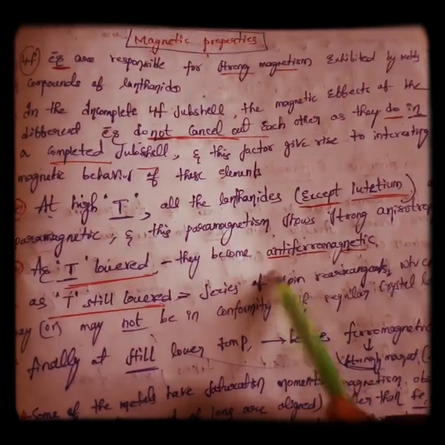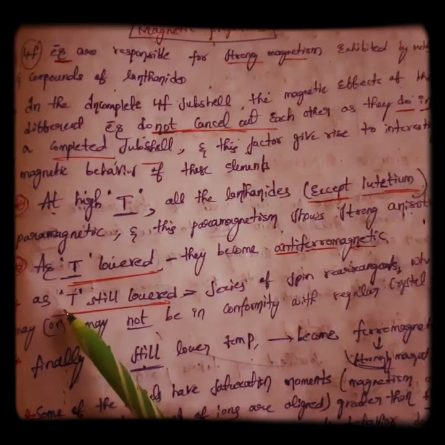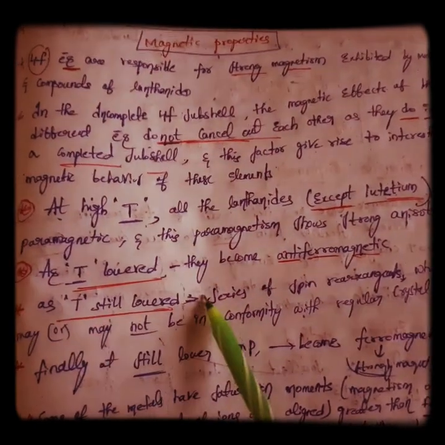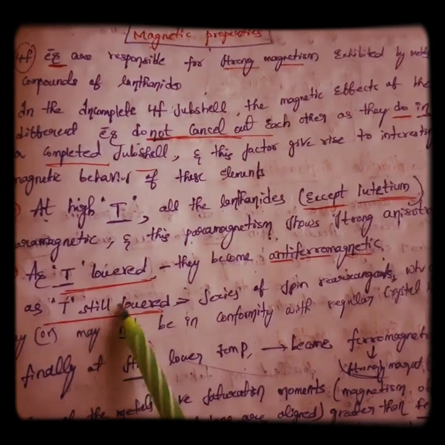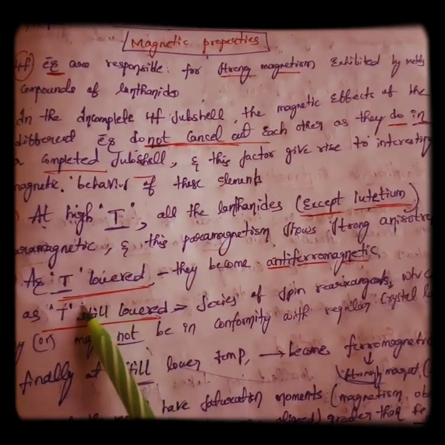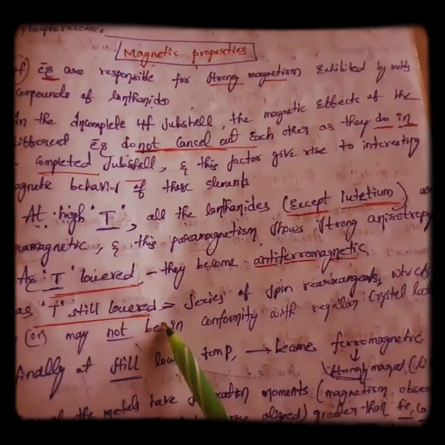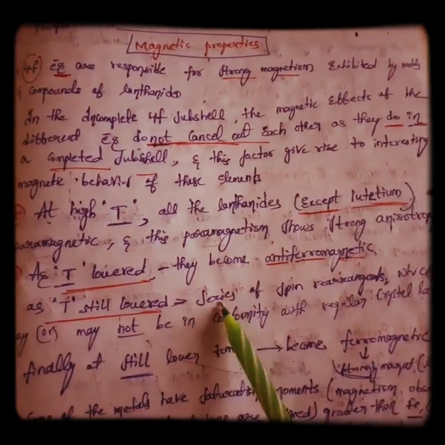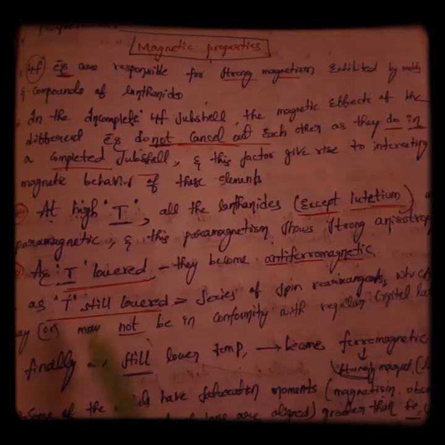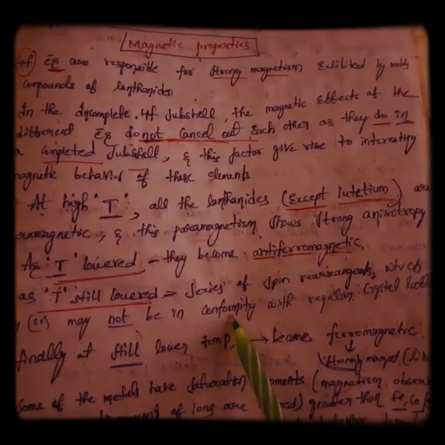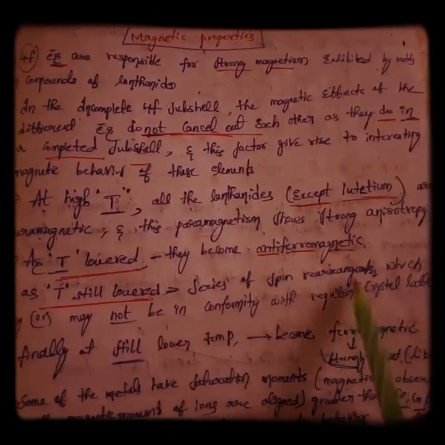Antiferromagnetic. As the temperature is lowered still further, there is a series of spin rearrangements, which may or may not be in conformity with the regular crystal lattice.